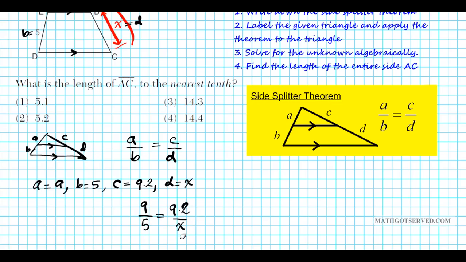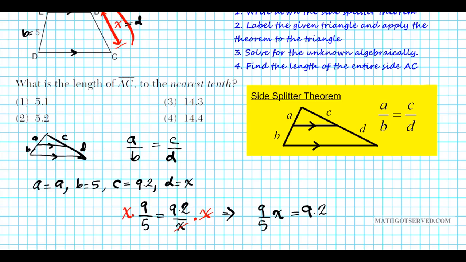Now, one thing we can do, we can either reciprocate both sides of the equation or multiply by x. So let me go ahead and multiply both sides by x. I don't want x in the denominator. So if I do that, this x divides out. So this becomes 9 over 5x equals 9.2. Now, how do I get x by itself?